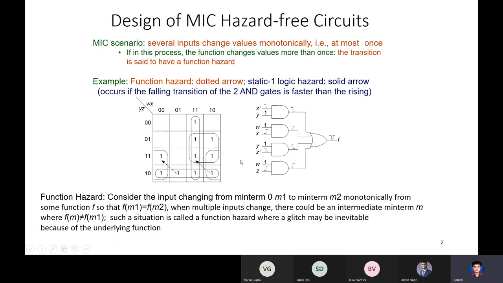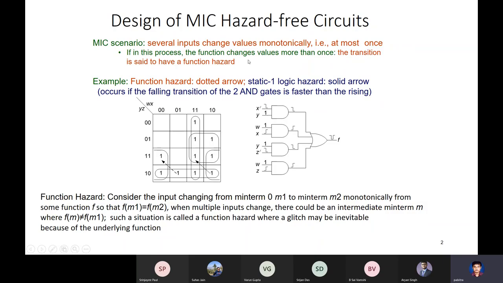In the SIC case, the transition was only between adjacent cells, so only one bit changes. But in this MIC scenario, if you look at these arrows, there may be longer range transitions because multiple bits are involved. It's not just a vertical or a horizontal change.